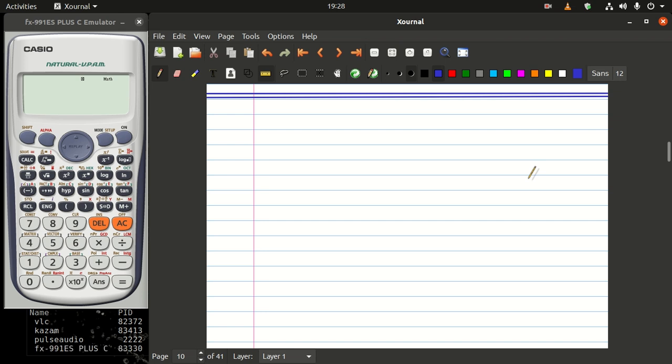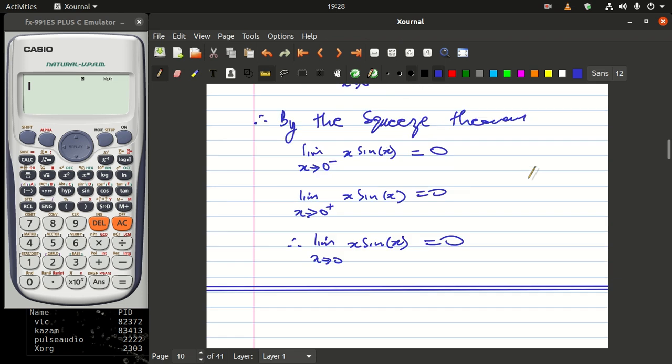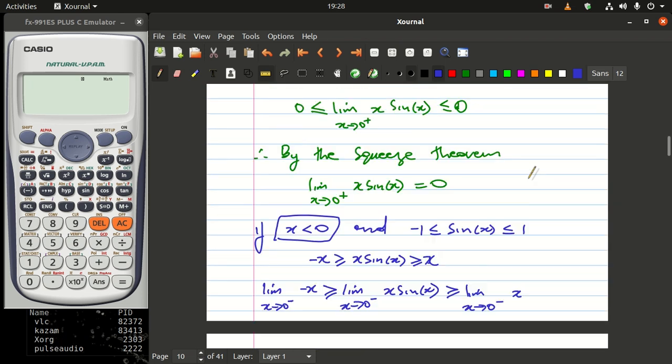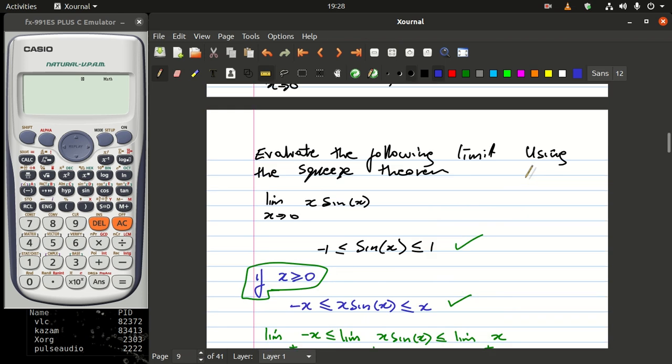The only thing that will be hard now is to pick the functions, because you can see that in the previous example we started by saying that I know sine is in between these two, and now I have to deal with this.